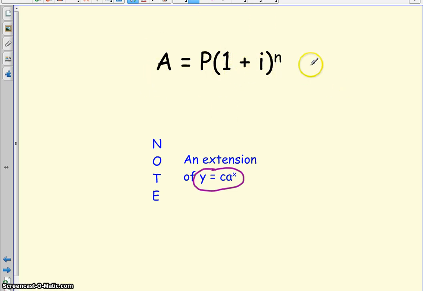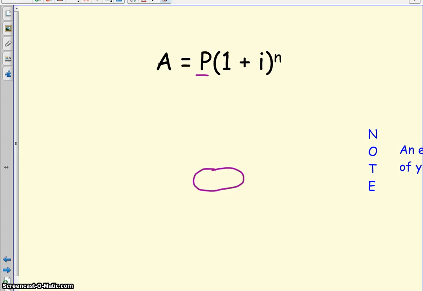Now I'll explain what all these variables mean. The one thing you'll notice here is you have some sort of starting value, and then 1 plus i. It's simply that if you have something growing, it's going to be 1 plus a growth rate, just like we had with the exponential function last unit. So hopefully you see this as a little bit of an extension of what we saw last unit. As for what these variables actually mean, some of them might look familiar from simple interest.